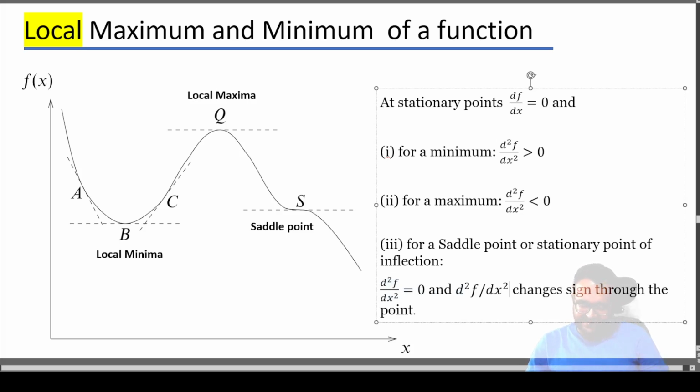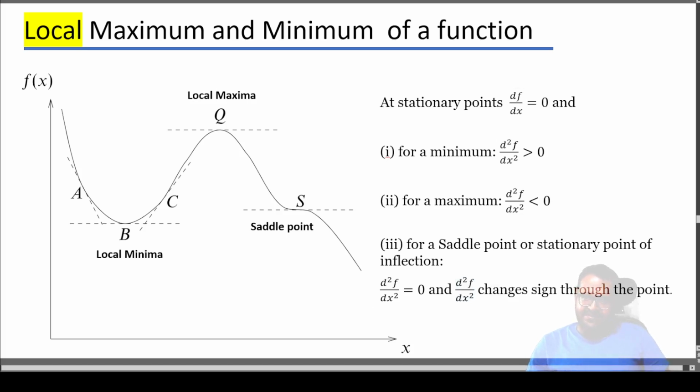And you should keep another point in your mind, that double derivative changes sign through the point. Like this, before the saddle point, if your double derivative were positive, after the saddle point, double derivative will be negative. So these are important properties. You might not have heard about the saddle points, but you need to know it.